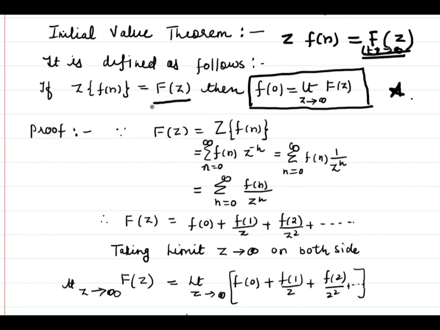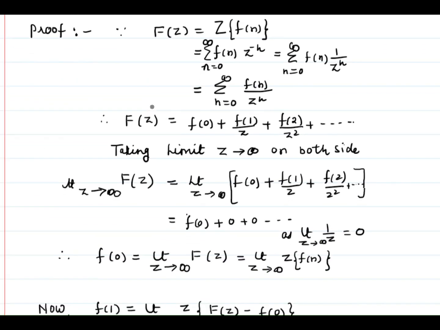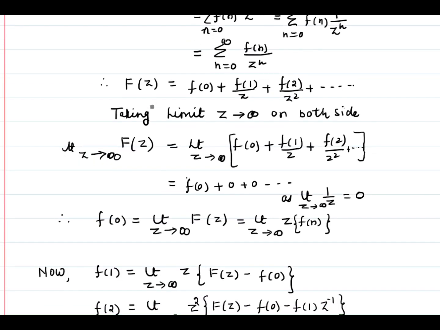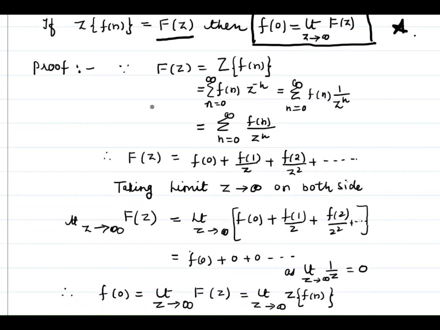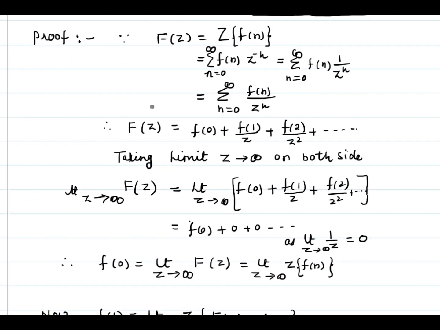Now we want to prove this initial value theorem, because this is a very important part and we want to solve the same result with the proof. So we are just going to find the initial value, means f of 0 equals to limit f of z at z tends to infinity.